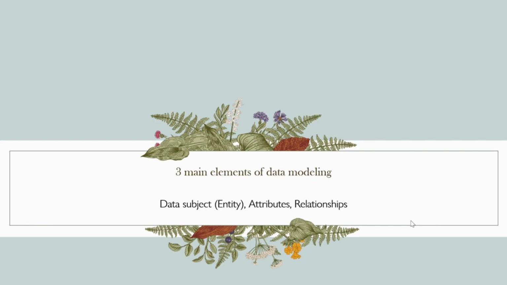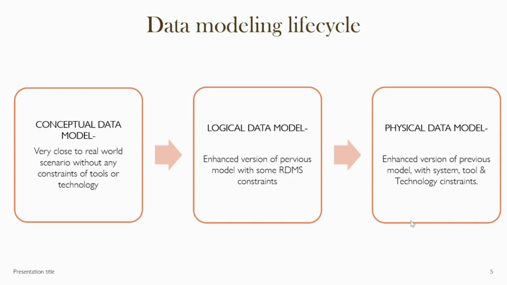And then let's talk about the three elements of data modeling, which are entity, attributes, and relationships. I will explain this in the upcoming slides. And the data modeling life cycle.